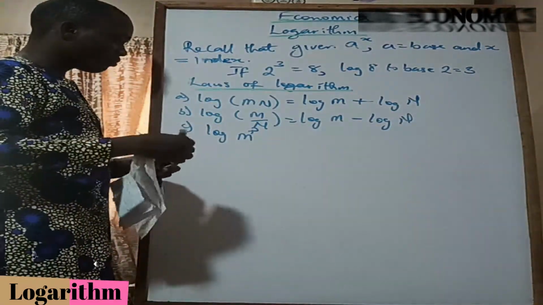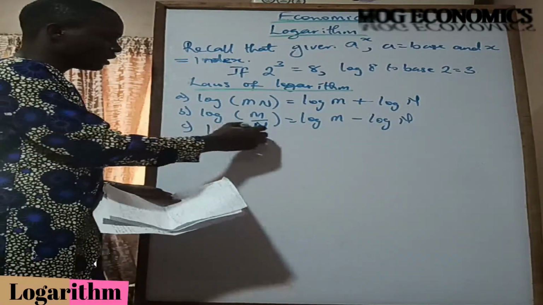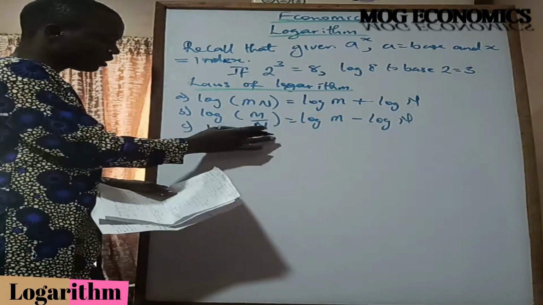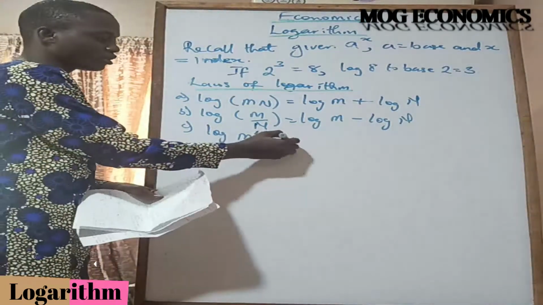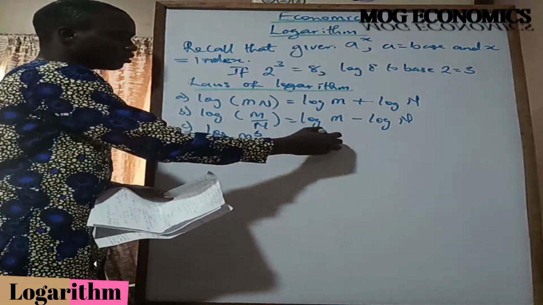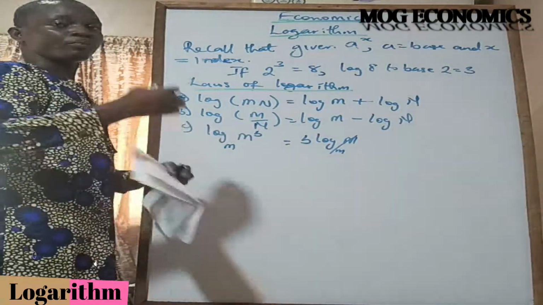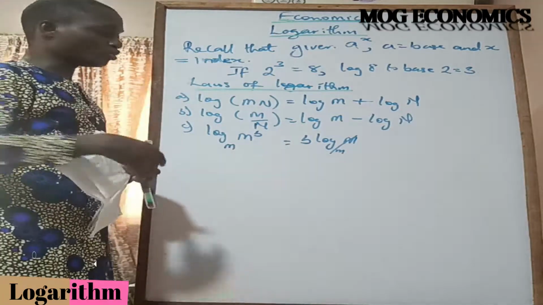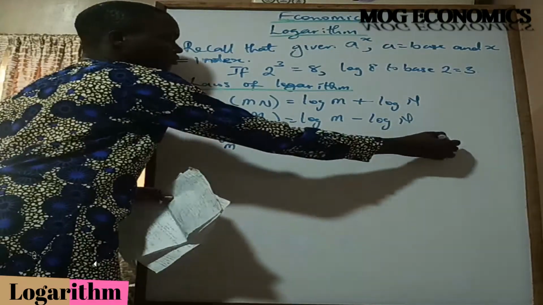So in this case, if you have log m raised to power b, and this is also to the base of m, what this becomes is that the b, which is the index, comes to the front, and log m to base m will give us 1. It's just like to the base of 10. Log 10 to the base of 10 will give us 1. Log 2 to the base of 2 will give us 1. So here we'll be left with b multiplied by 1, which is equal to b.